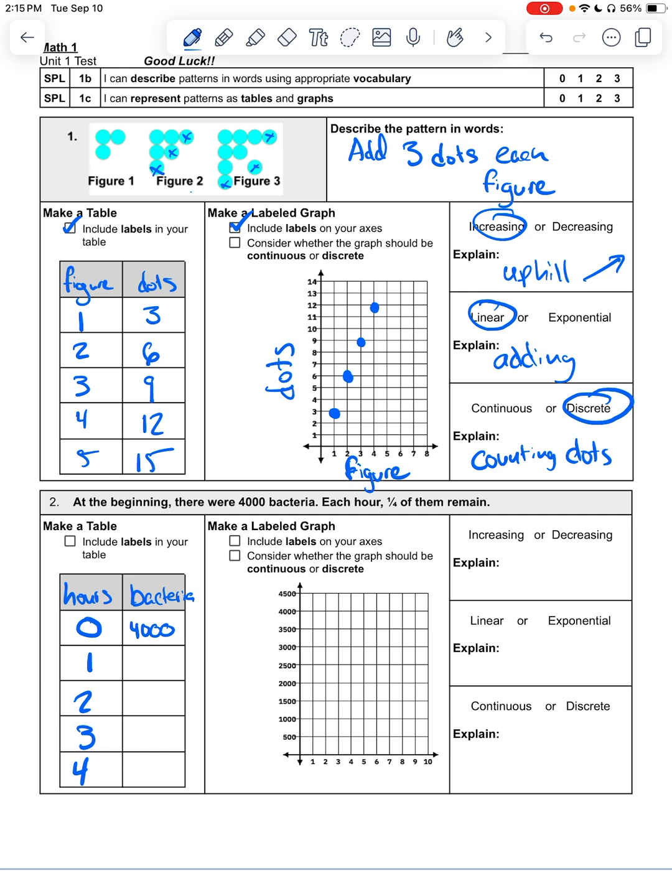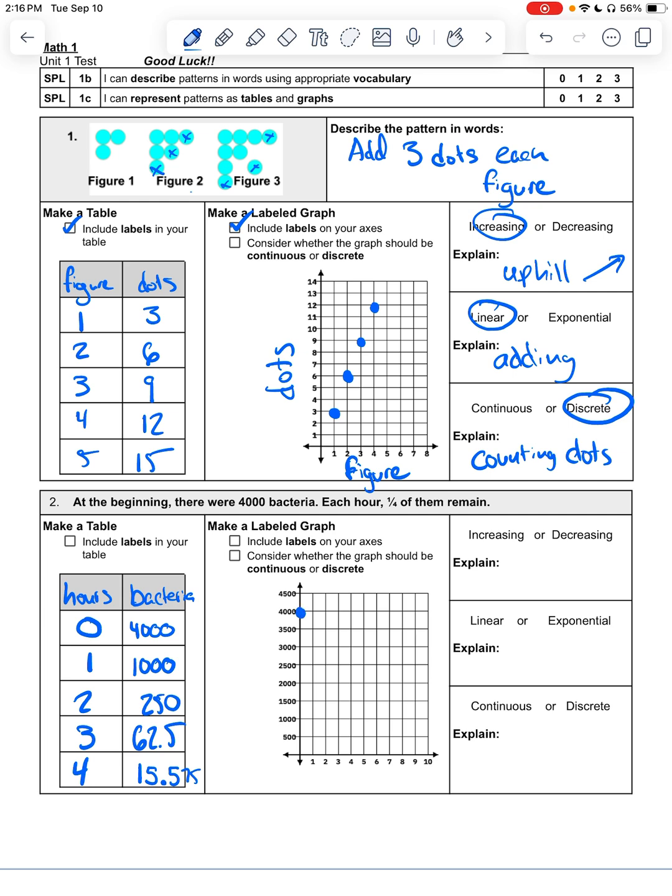So we're going to multiply this by 1/4. 1,000. 250. It's a 62.5. And then this one is 15.625.